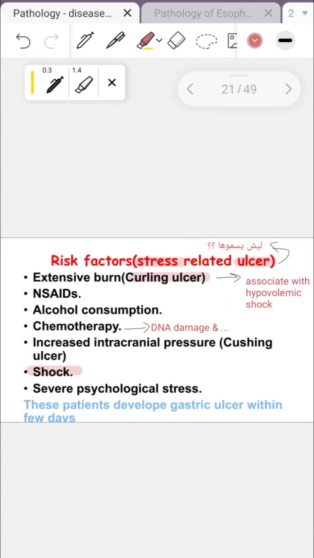So splanchnic vasoconstriction decreases blood supply to the internal viscera. These patients also develop diminished surface epithelial blood flow. Right? Severe psychological stress.